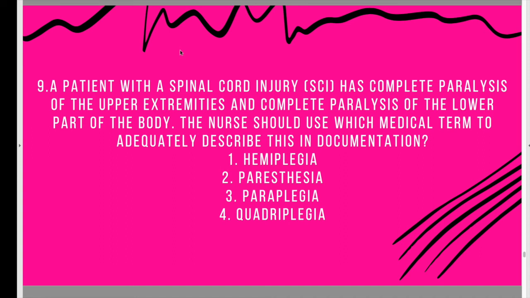So paresthesia is actually an abnormal sensation, typically tingling or pricking. There could be pins and needles caused chiefly by pressure and damage to peripheral nerves. So number 3, paraplegia is actually a paralysis of the lower body. So the answer here is quadriplegia. Quadriplegia describes complete paralysis of the upper extremities and lower extremities.